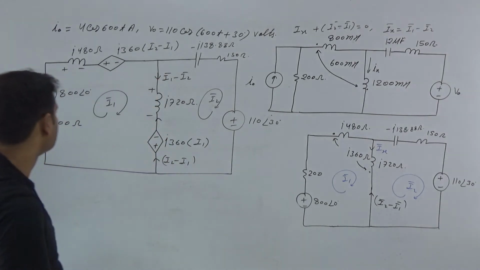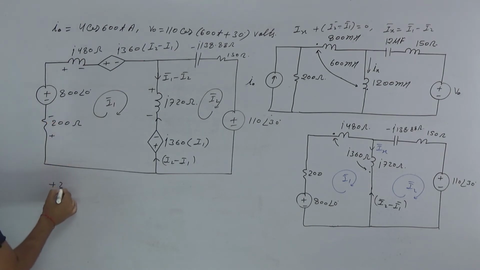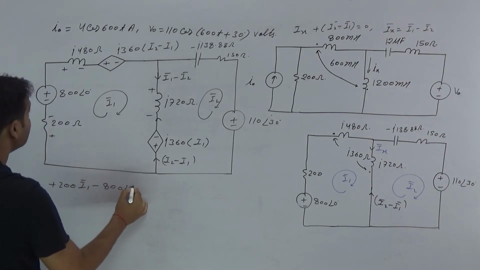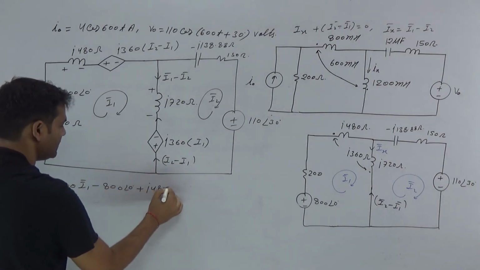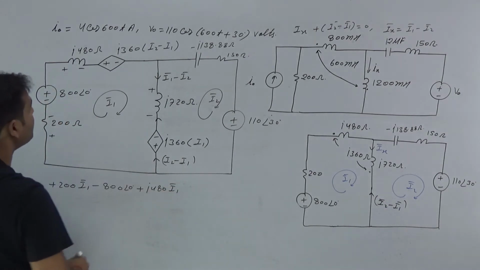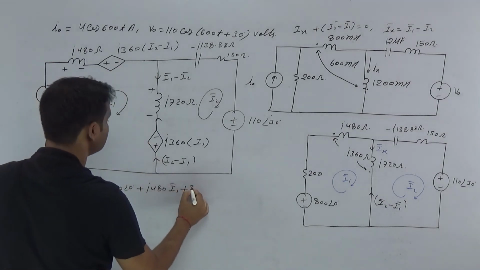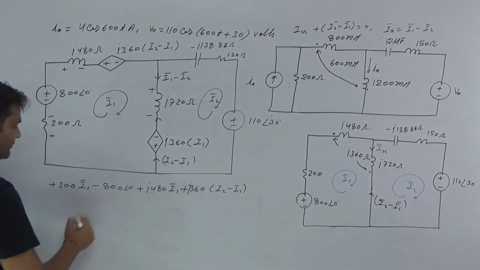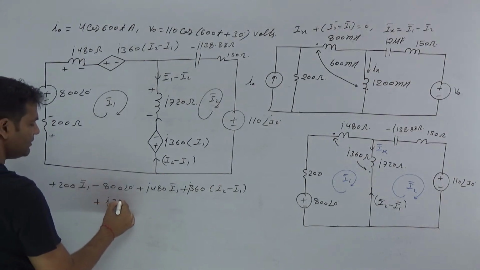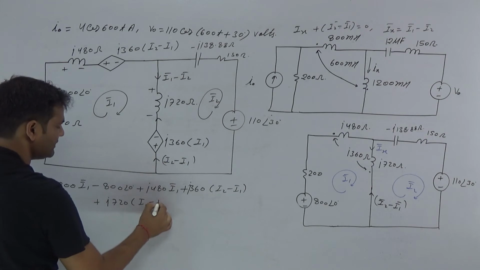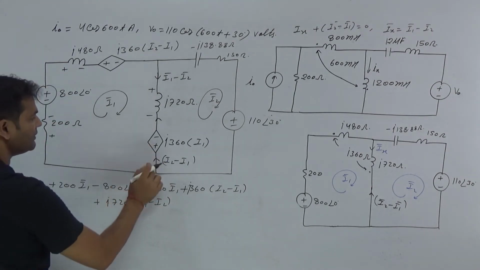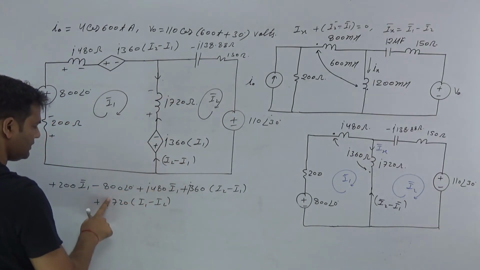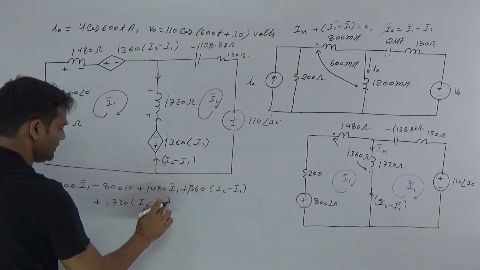Okay, now that is plus 200 into I1 minus 800 at the angle 0 plus J480 I1, okay, and plus J360 (I2 minus I1) plus J720 (I1 minus I2), better to write corresponding to here I2 minus I1, that is plus minus. So that is I2 and here I1.